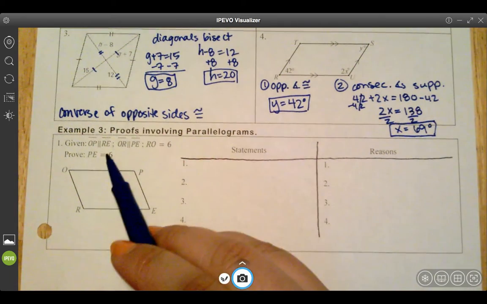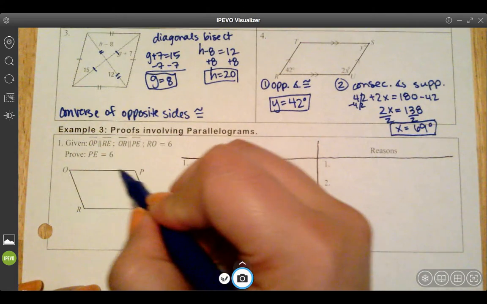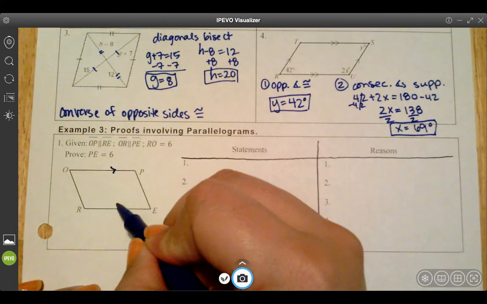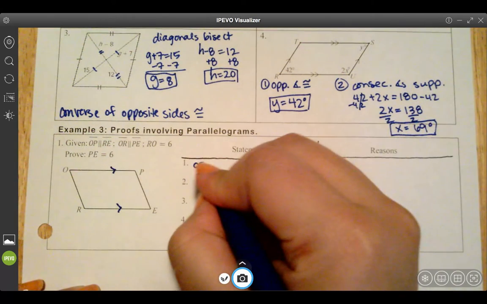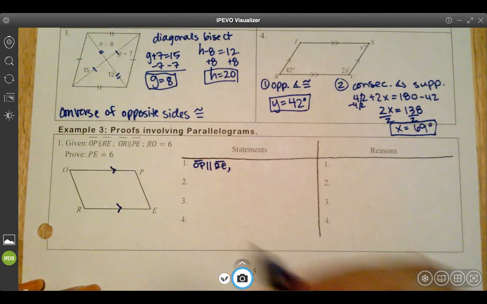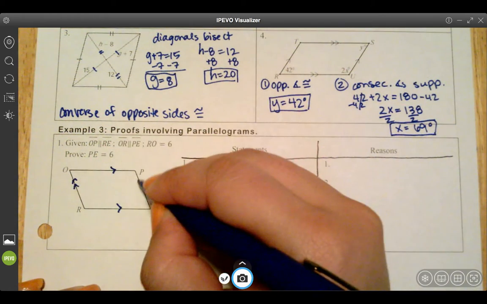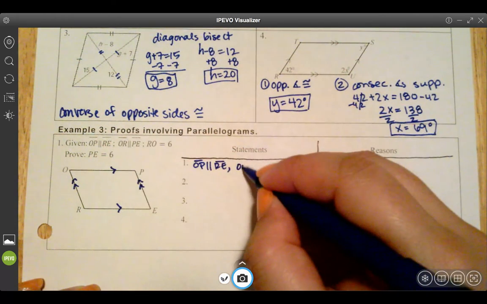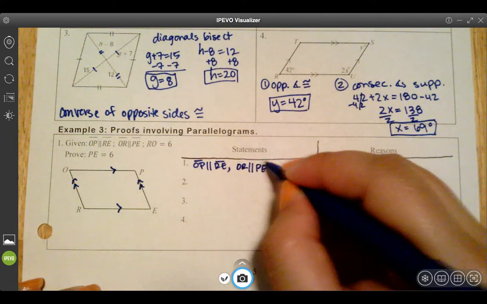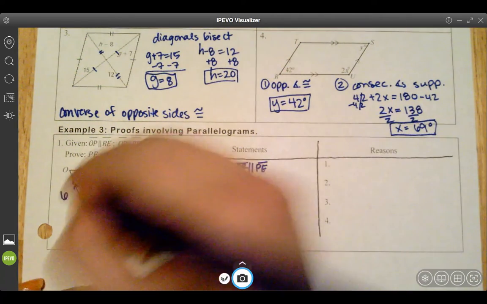So we're going to start out with what was given to us. And what's given is that OP is parallel to RE. We also know that OR is parallel to PE. And we know that RO has a length of 6.